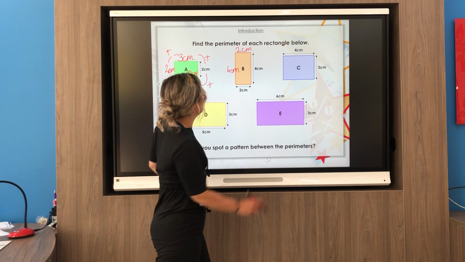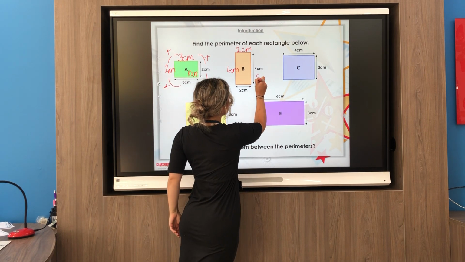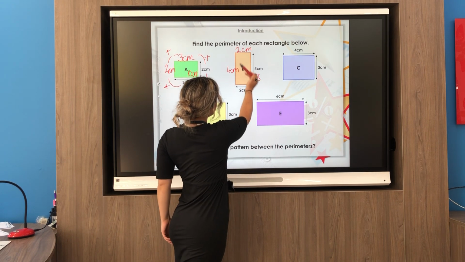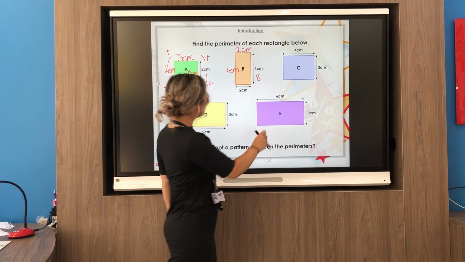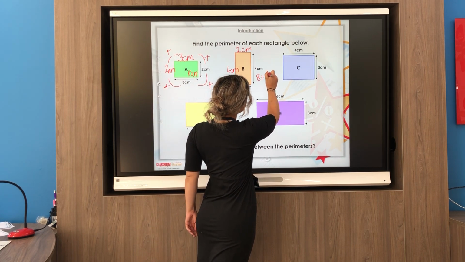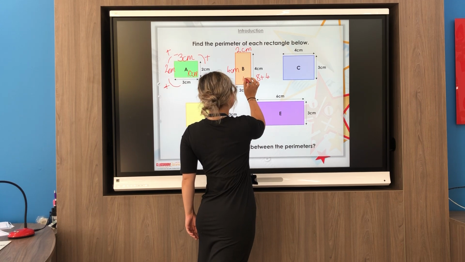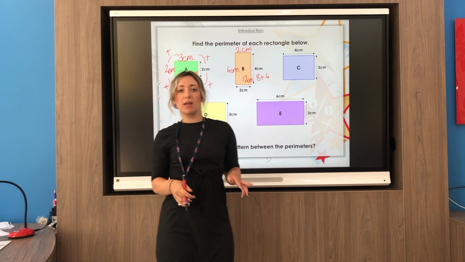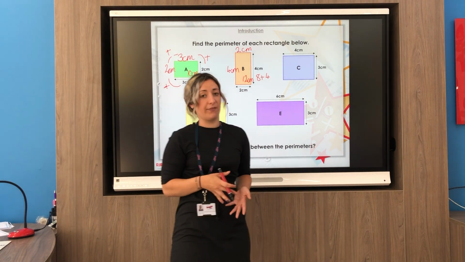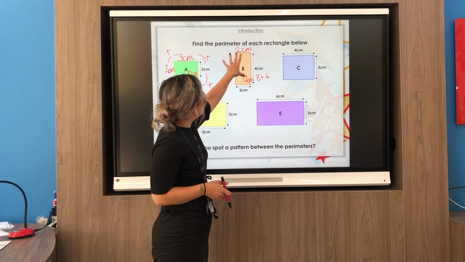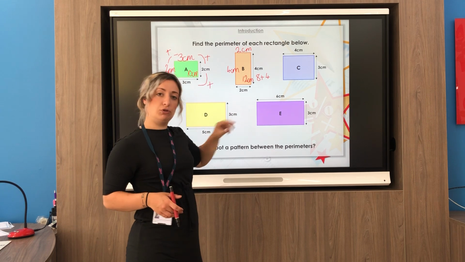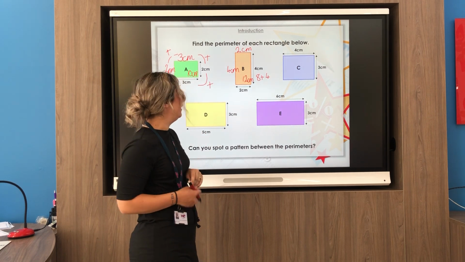So I know 4 times 2 is 8 and 2 times 2 is 4. So then I just need to add 8 and 4 together, which equals 12. So that's going to be 12 centimetres. Whichever way works for you best, that's fine. This might be fairly quicker because you should know your times tables quite quick now.